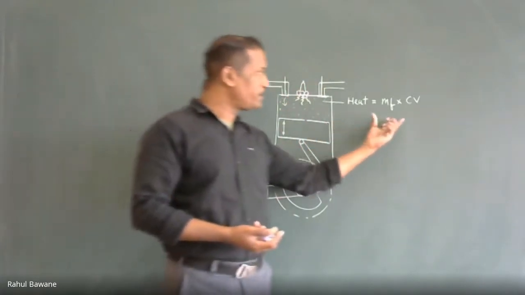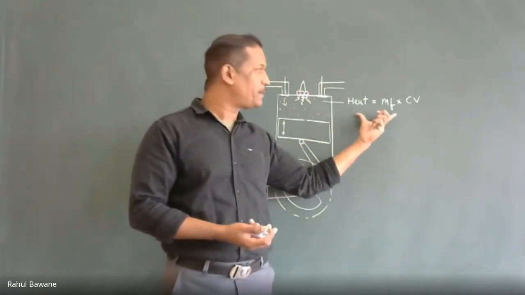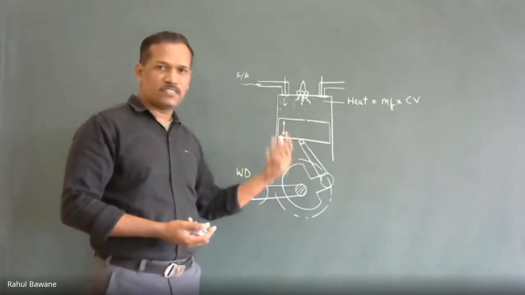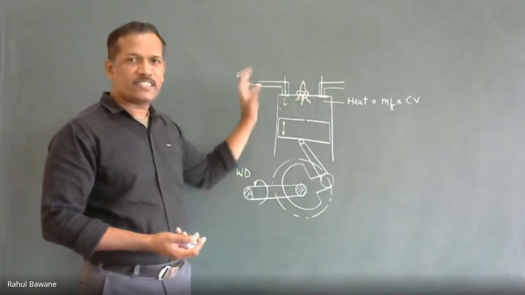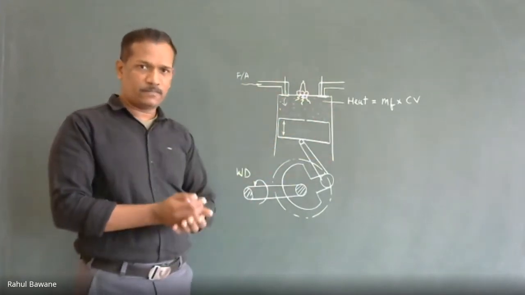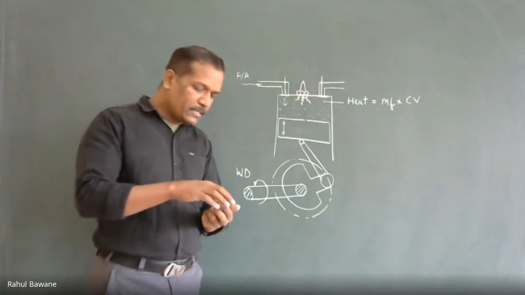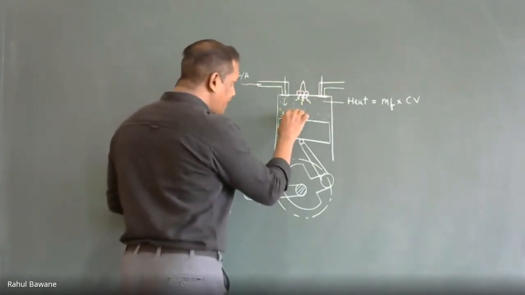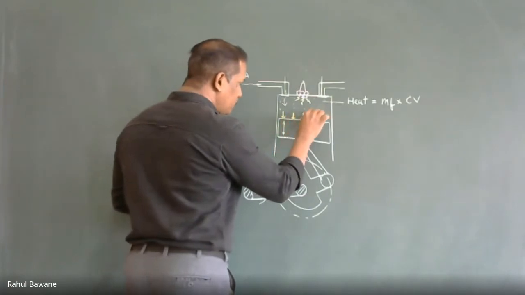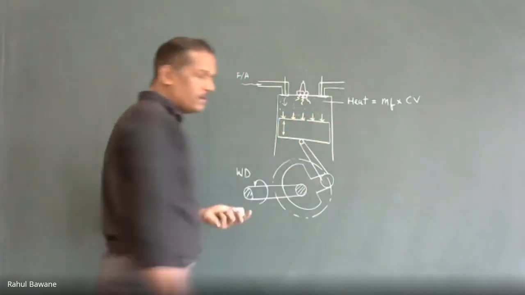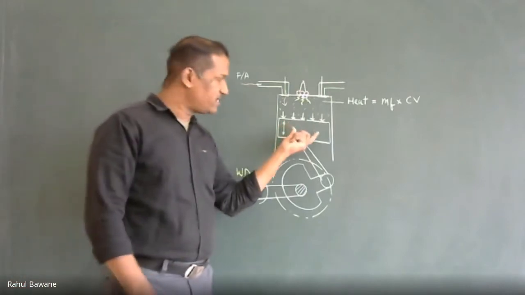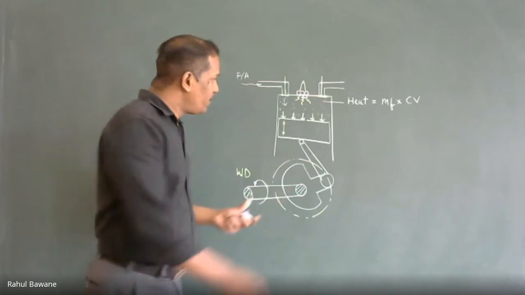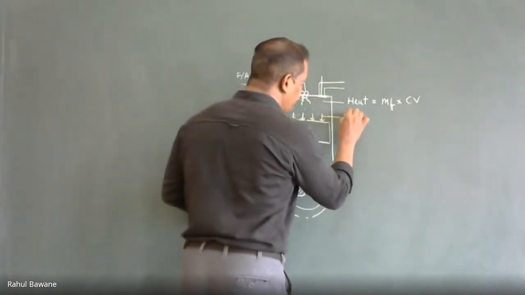That means whatever the total heat generated by burning of fuel, it is not available for our work done, for our piston movement. Many losses are there. After all these losses, whatever power is available on the piston to do work, whatever energy is available inside the cylinder to do work, that is known as indicated power.